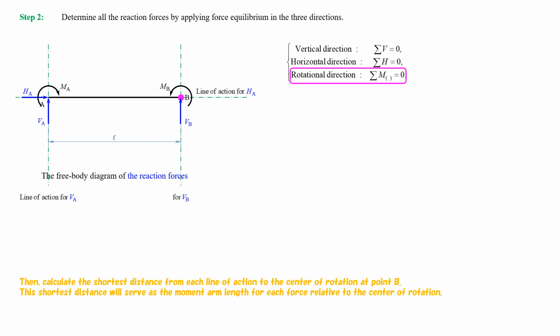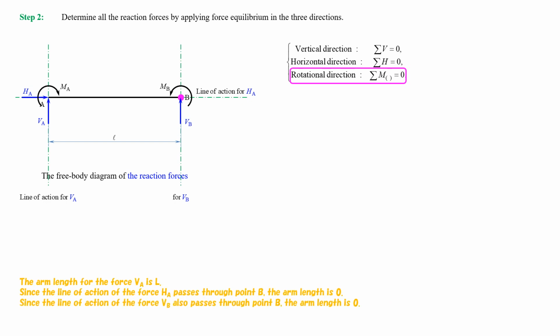Then, calculate the shortest distance from each line of action to the center of rotation at point B. This shortest distance will serve as the moment arm length for each force relative to the center of rotation.